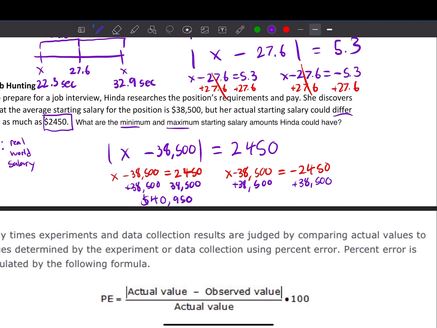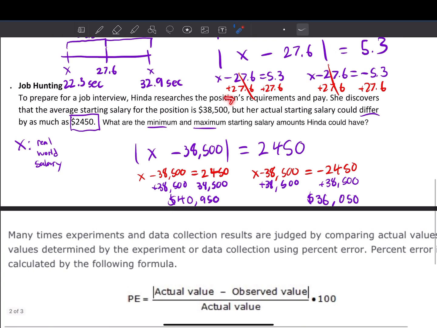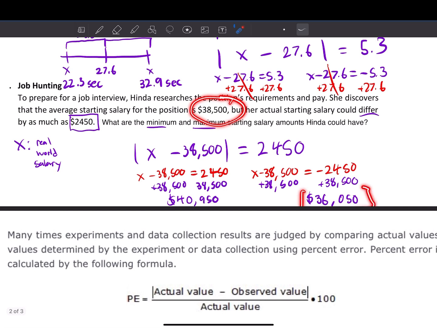I should get, yep, that looks right, $36,050. So the starting salary says 38,500, but she could get paid as low as this. But if they really like her, or she has a lot of job experience, she could get paid as much as this. It just depends. But that is within this acceptable error amount of give or take $2,450.